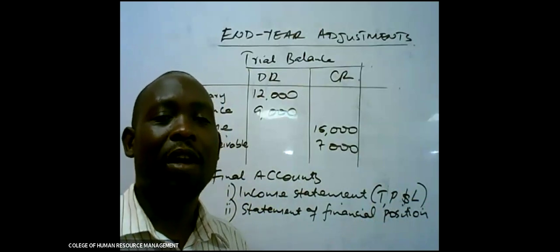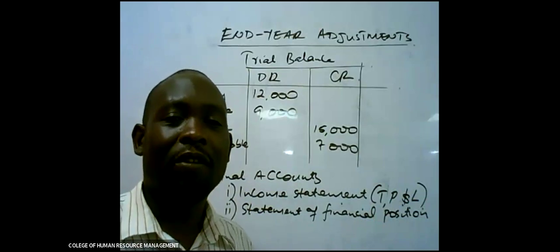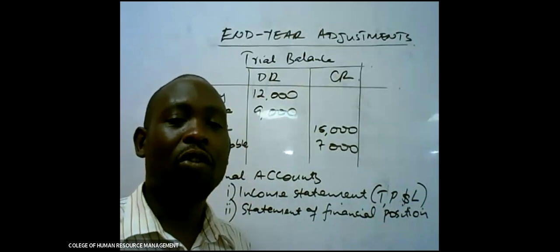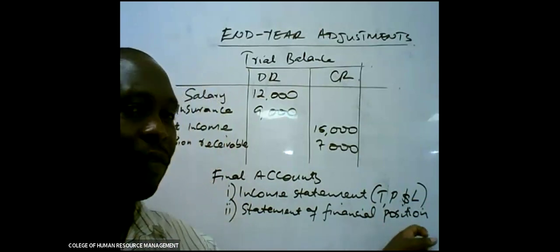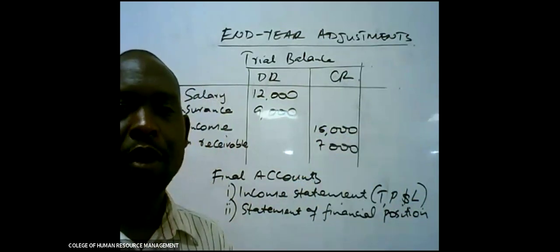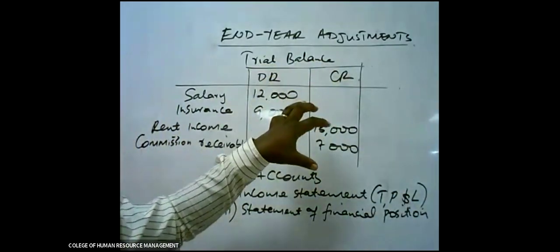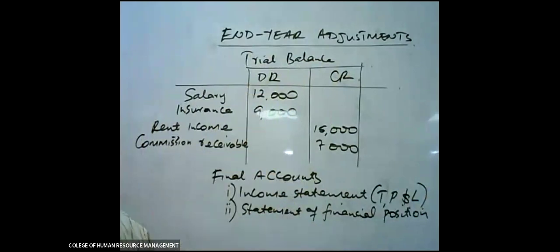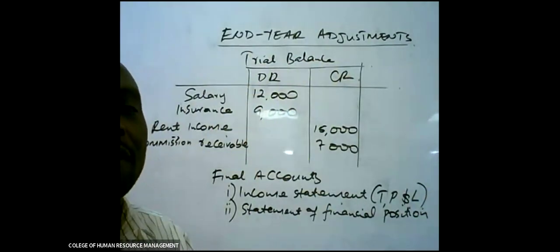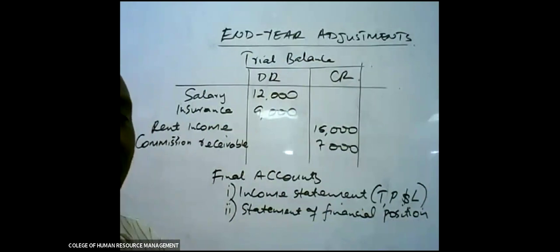The same case can be applied in business. All the assets the business owns, deduct all the liabilities, you get your net worth, and that is your financial position. Those two statements are prepared using these balances, which are a summary of all the transactions that occurred in the business in that period of 12 months. And then we can measure the business in terms of profitability and in terms of financial position.